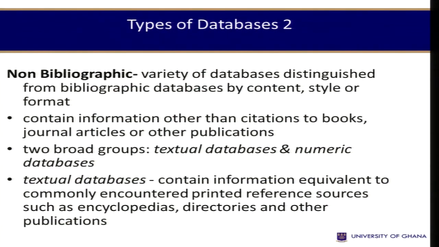We have the textual databases, examples being some of the University of Ghana online databases, such as Emerald, JSTOR, Blackwell's, and the rest. These are textual databases. They will provide us with the text of materials itself. Then we also have the numeric databases. As the name implies, only numbers and figures.